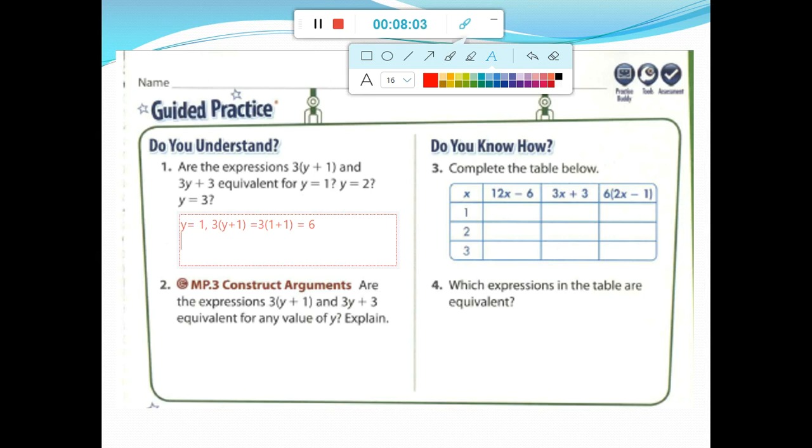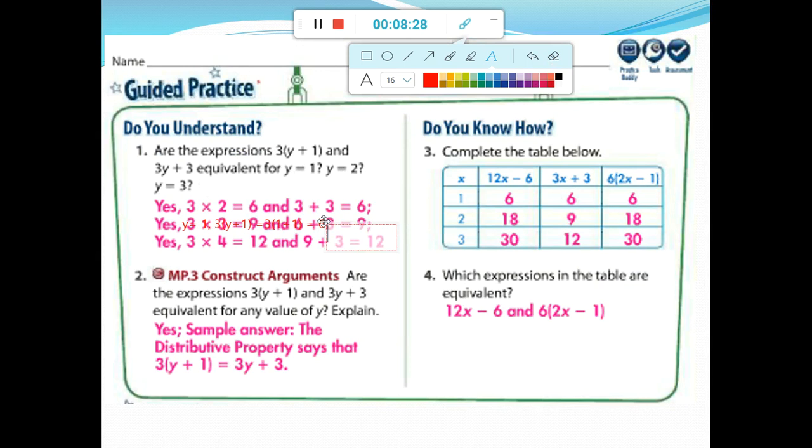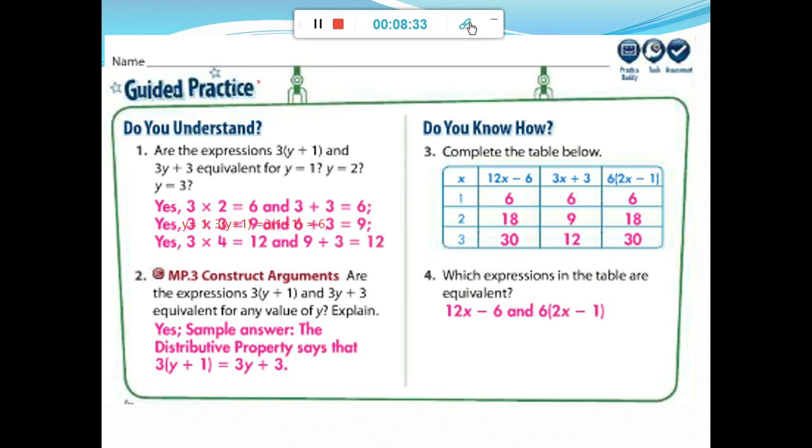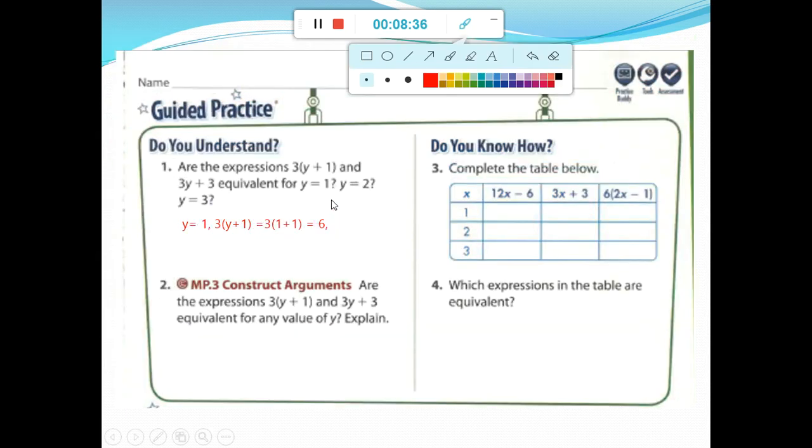Now for the second expression, the same way, which is the expression 3y + 3.